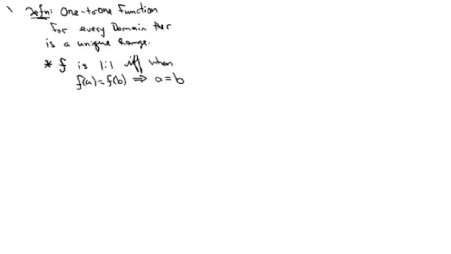So horizontal line test if you have a graph. This piece right here if you have a function. That's how you would prove something is one-to-one, invertible. For example, let's use this to prove something about this function.